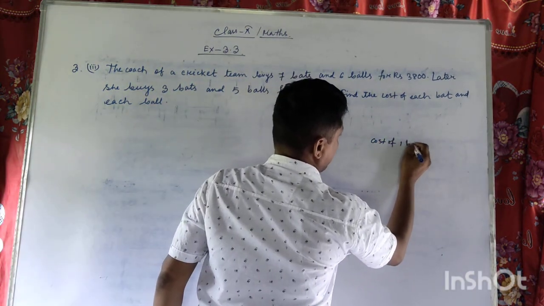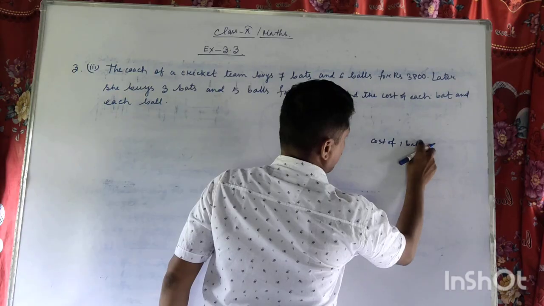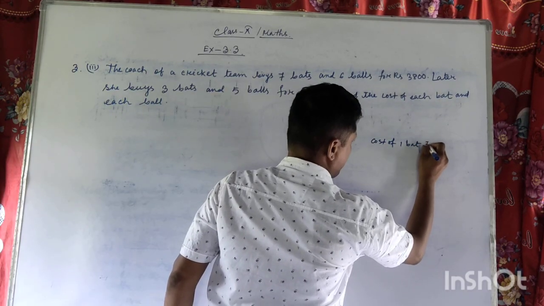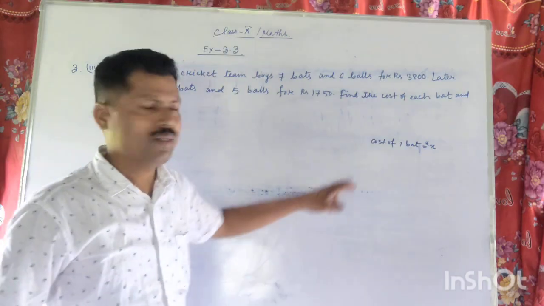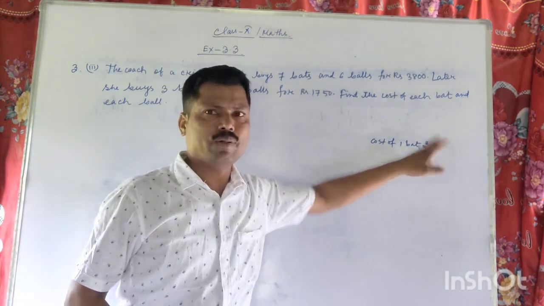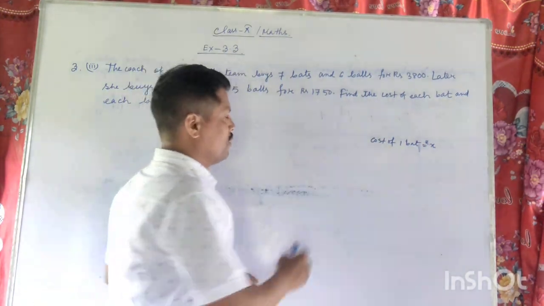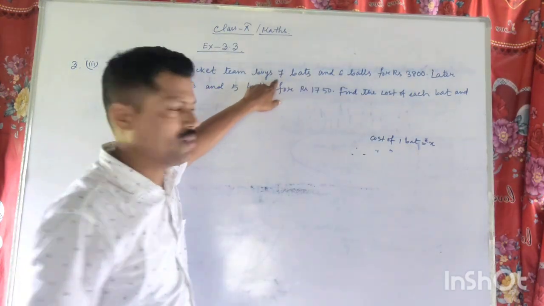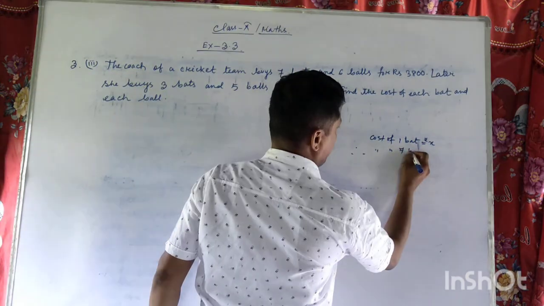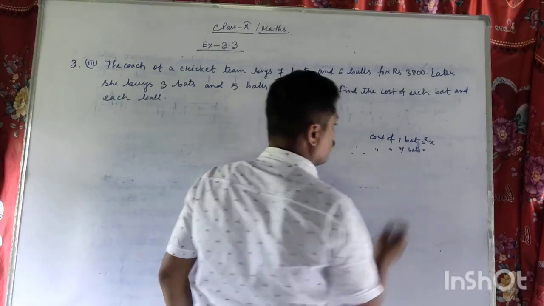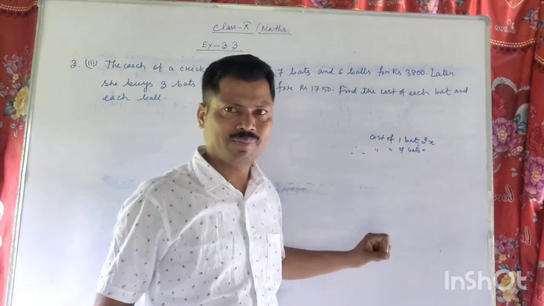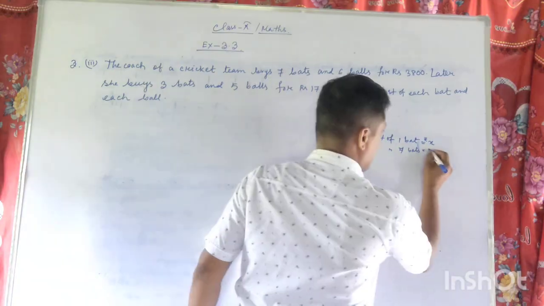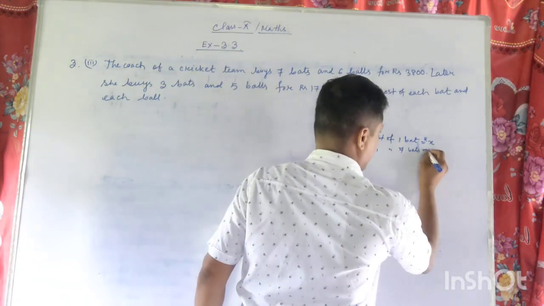So let the cost of 1 bat be rupees x. Therefore, the cost of how many bats are there? 7 bats. We have to write 7 bats. So 7 is more than 1, so in case of more, we have to multiply here. So 7 into x, that means 7x.